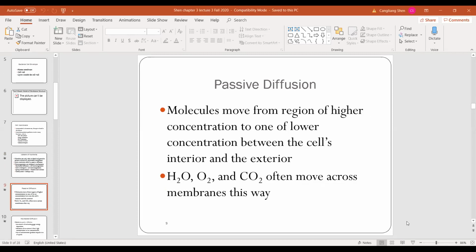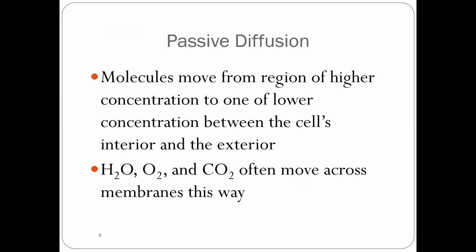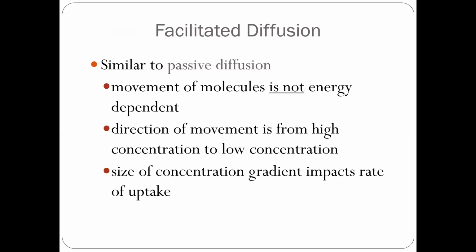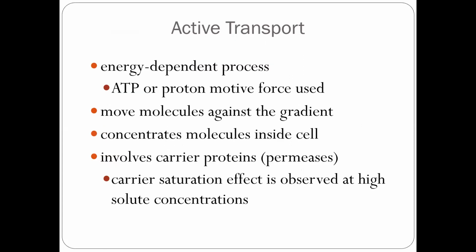You will see passive diffusion moving from higher to lower concentration, usually water, oxygen, and carbon dioxide. Facilitated diffusion is not energy dependent, from high to lower, but they need a carrier. Active transport usually needs a carrier called a permease. They go from lower to higher concentration, and they need ATP. We also call it the proton motive force.